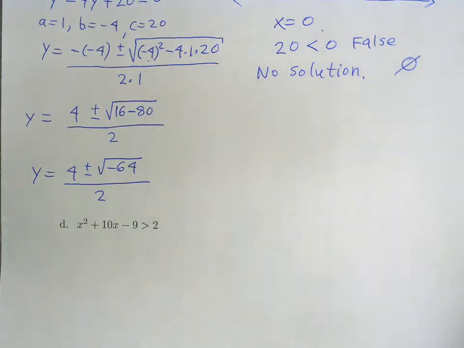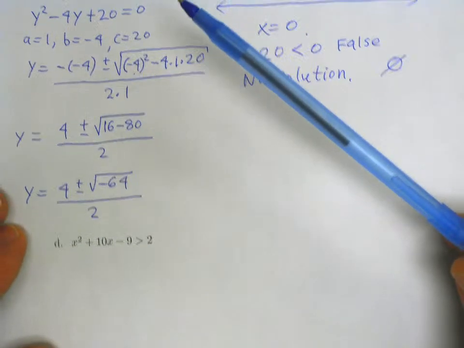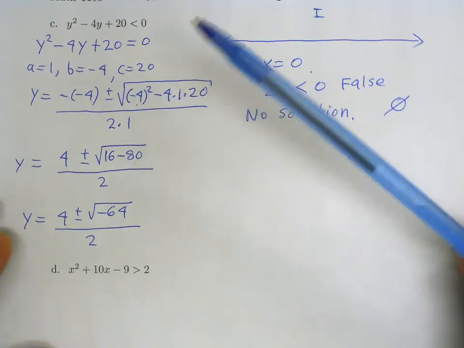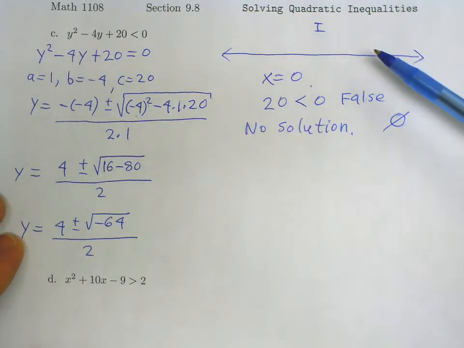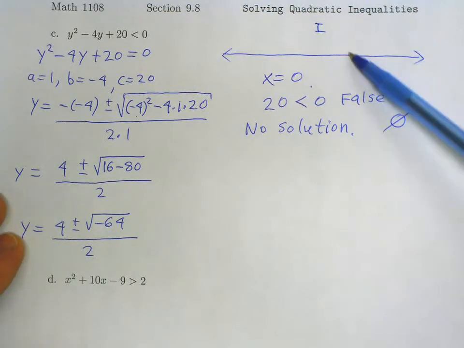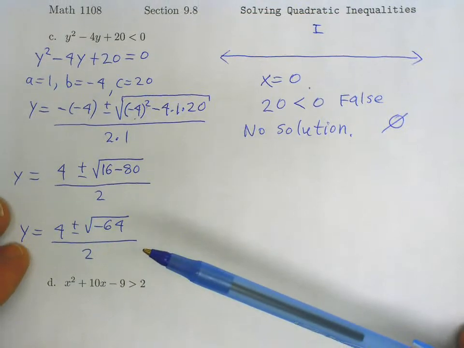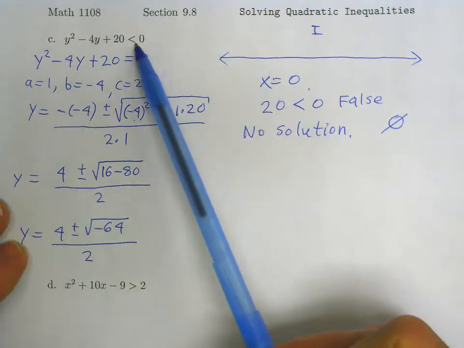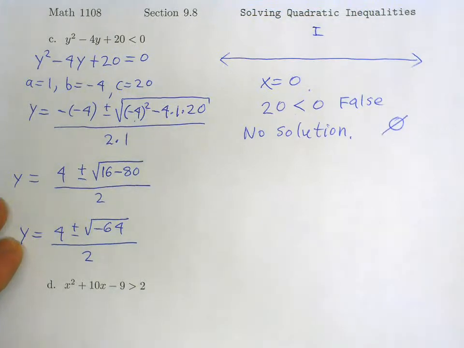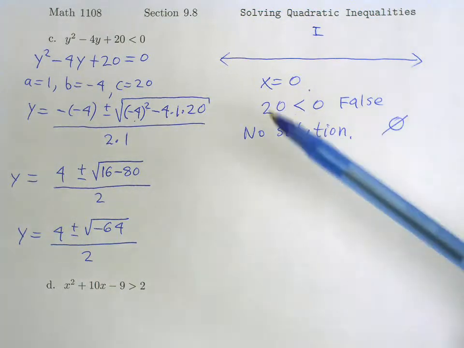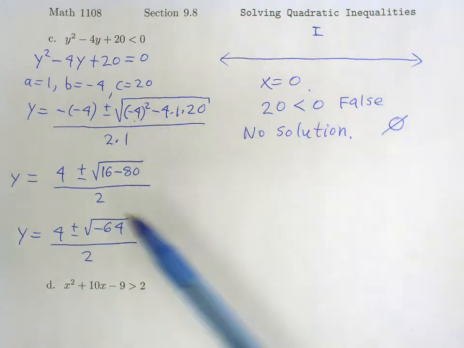Okay, I'll just make a comment. I guess it was kind of hard for you to see, wasn't it? So let's see. We had one interval to test. I picked 0, got a false statement. So if this inequality had started out as greater than 0, we would have gotten a true statement for the entire interval.